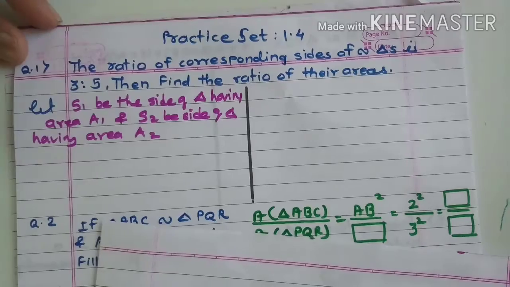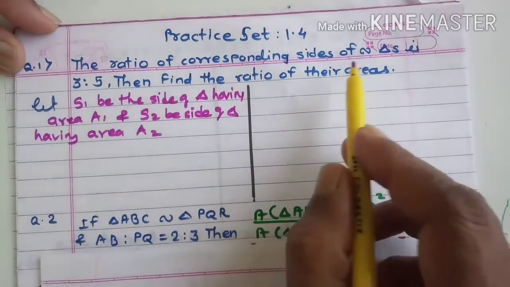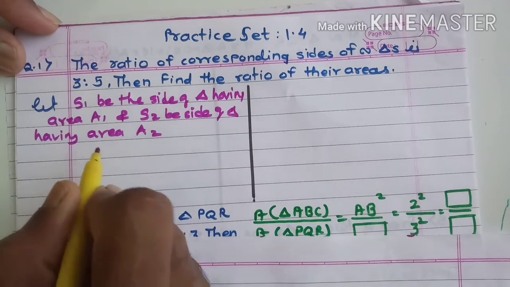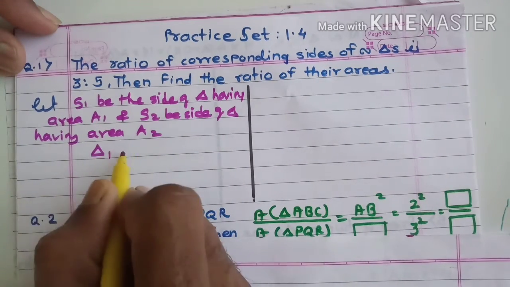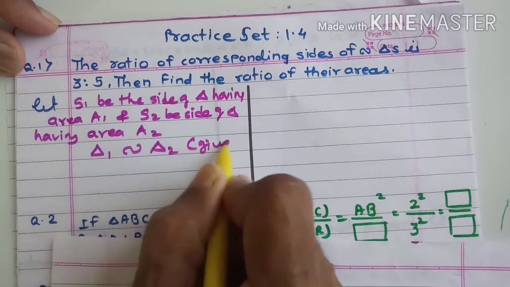So here we have two triangles, and those are similar triangles. So triangle 1 is similar to triangle 2, that is given.